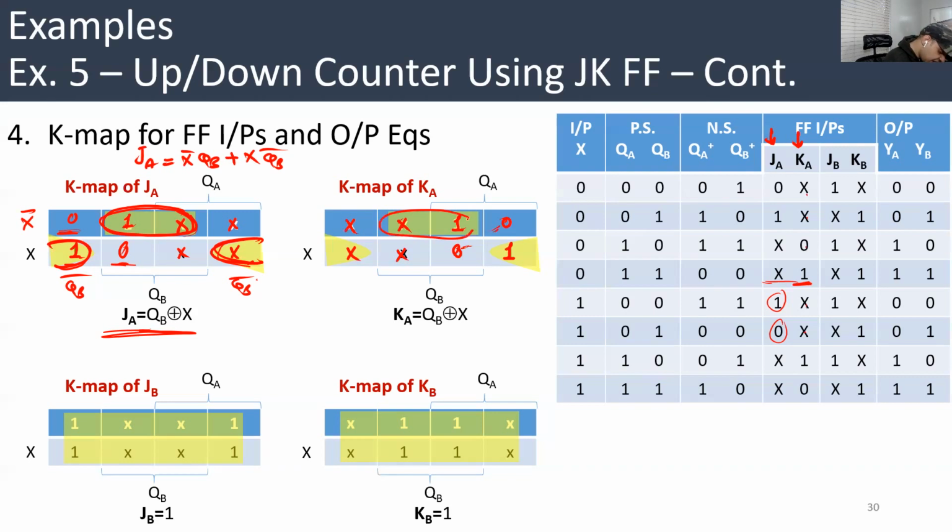So you have a group here. This one again has 2 zeros, but this X can be considered 1. So here you have another group. So this will be X Q bar plus X bar QB. So basically the same, right? So again, KA is equal to QB XOR X, or equal to JA, they are equal to each other.